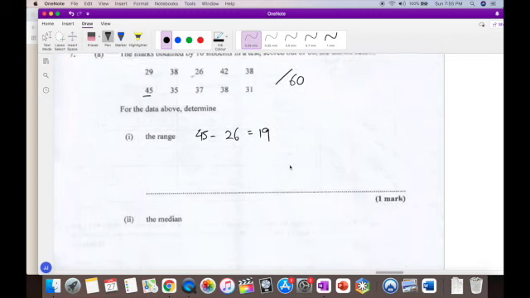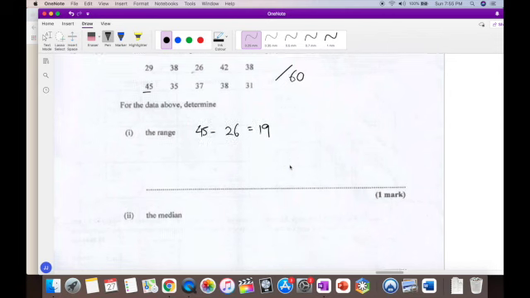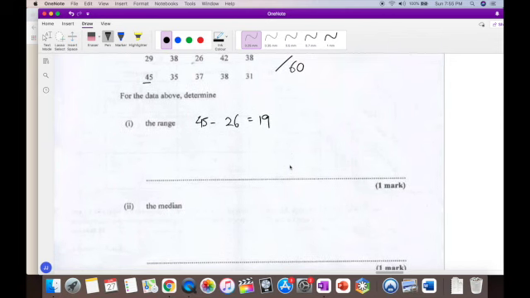The median. So in order to find the median, I'm going to need to put all of these guys in numerical order.